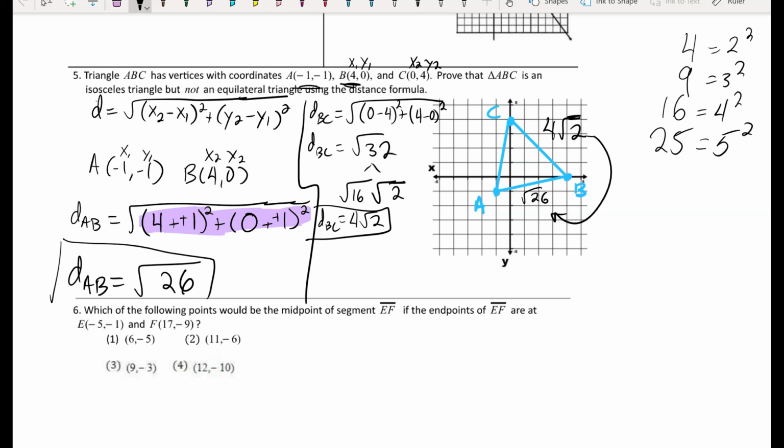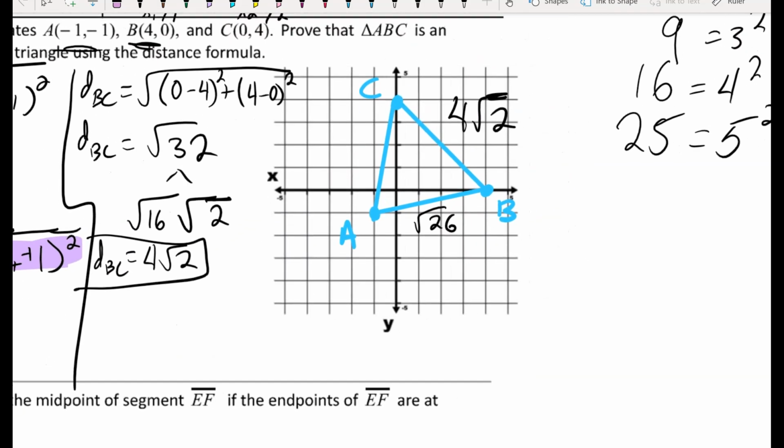So right now I could see those aren't the same. So those sides are not congruent. So when I solve for side AC using the distance formula, I should get either radical 26 or 4 radical 2, because it tells me to prove that it's an isosceles triangle. So 2 of the sides should be congruent. So I'll find my last side, the distance between A and C here.